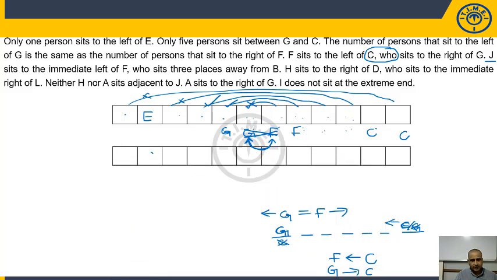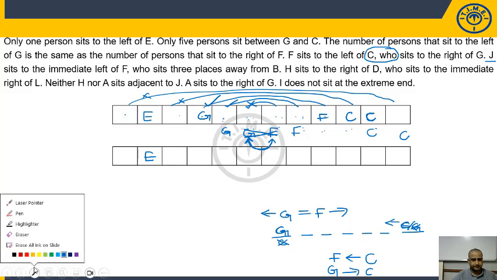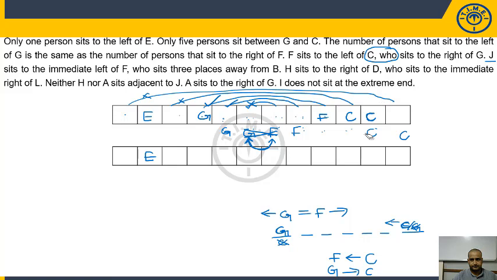Okay. Let's draw the 2 possibilities. One is G here, and here is F. Fourth from the left hand, so fourth from the right hand, and here is C. 1, 2, 3, 4, 5 gaps. C is here. Okay. What is the second possibility?